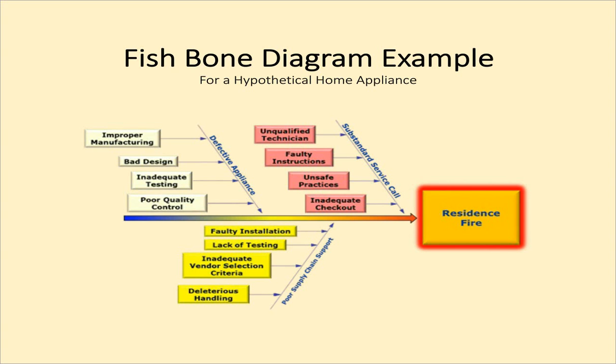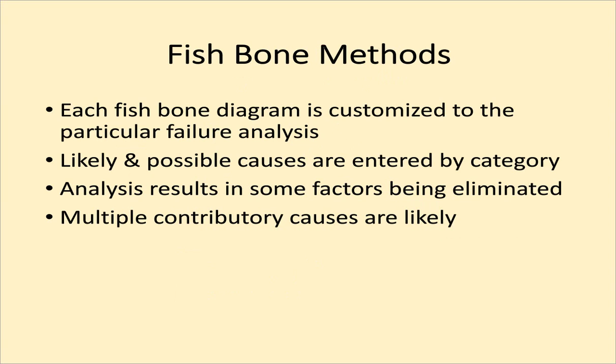Each fishbone diagram, based on the type of failure and the type of equipment that failed, is customized to that situation. So you enter likely and possible causes from your initial look by category.